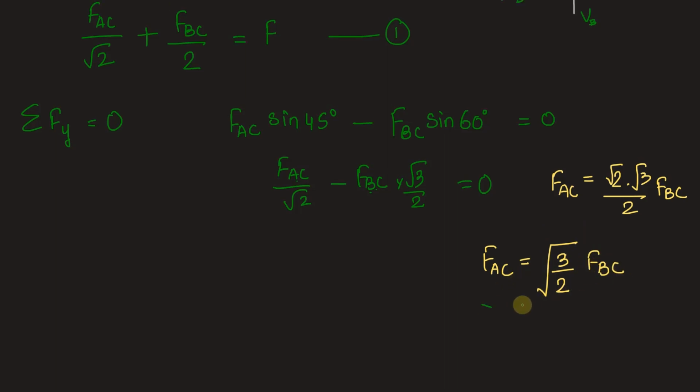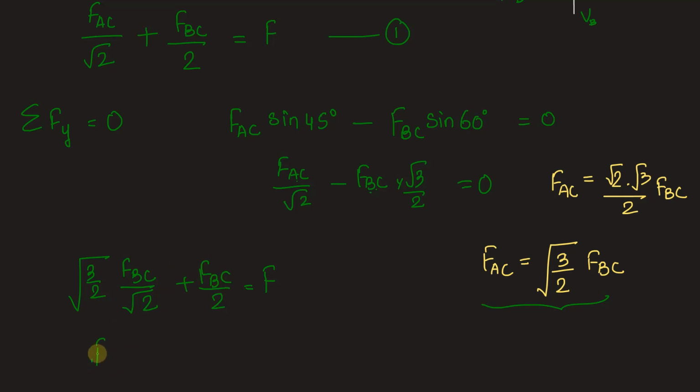Substituting this in the equation 1, we have under root 3 by 2 into FBC. This is the value of FAC divided by again root 2 plus FBC by 2 is equal to F. We have to be careful while substituting the value here. There are high chances of making mistakes. Taking all the coefficients correctly, we substitute the value.